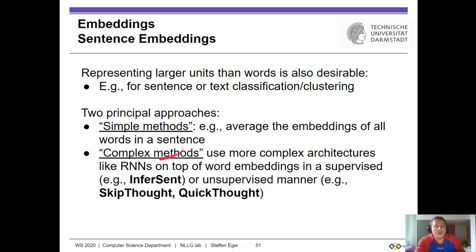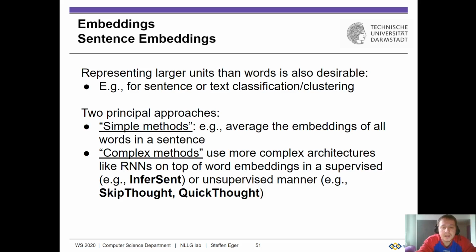And then there are more complex methods that overcome those limitations of the simple methods, where, for example, you have a recurrent neural network, which is a more complex architecture, trained on top of word embeddings in a supervised manner. For example, you want to solve a high-level natural language processing task, such as doing inference. So when does one sentence entail another sentence?